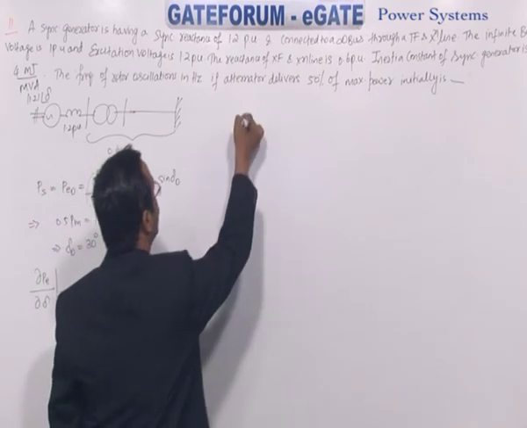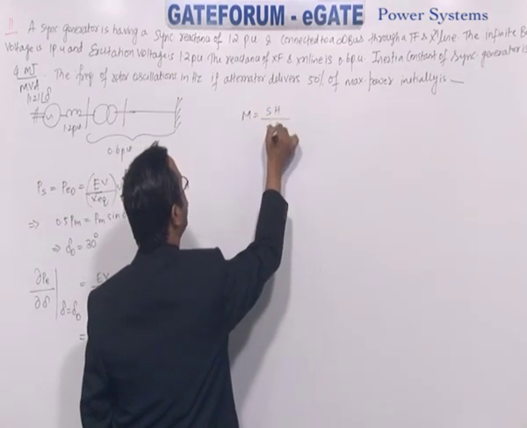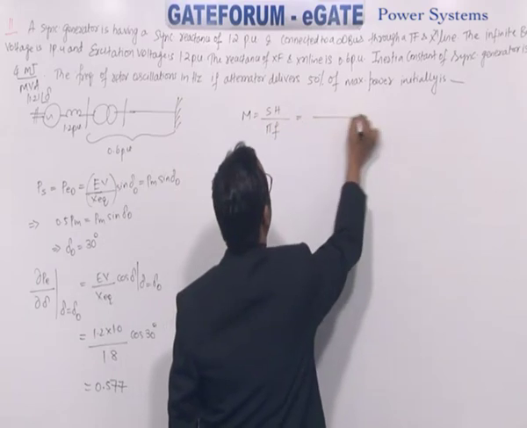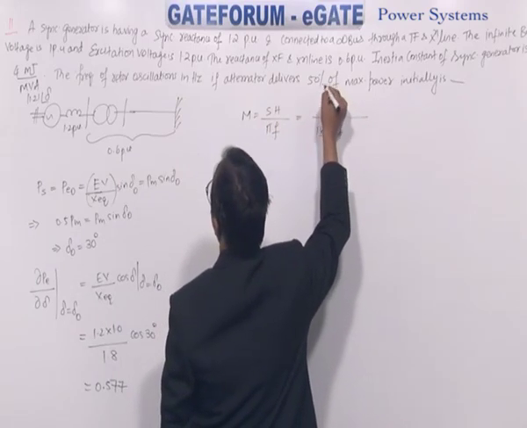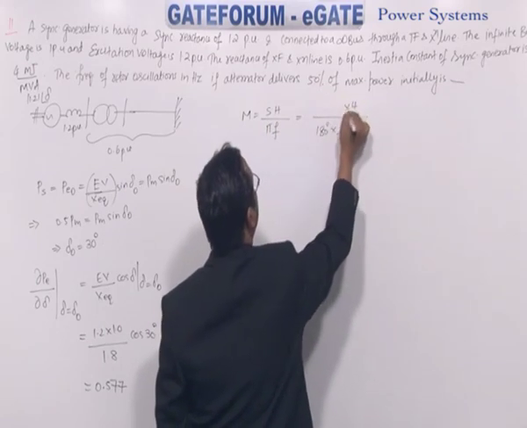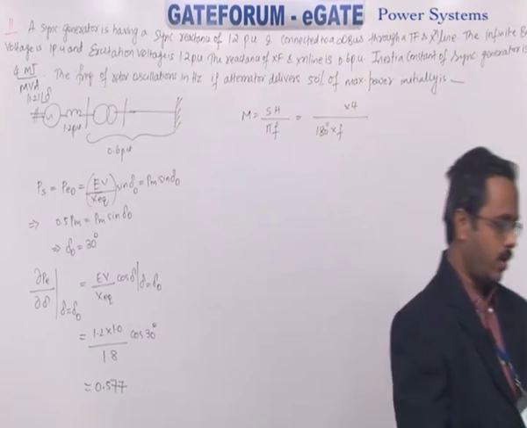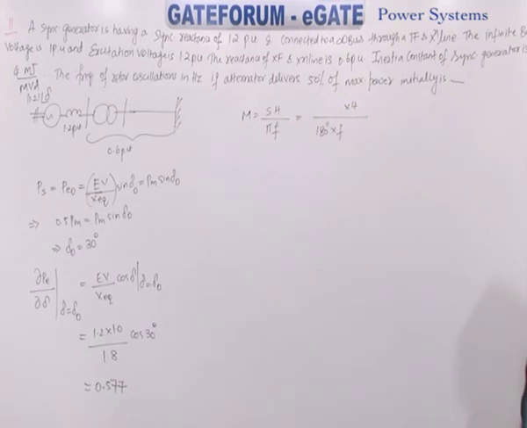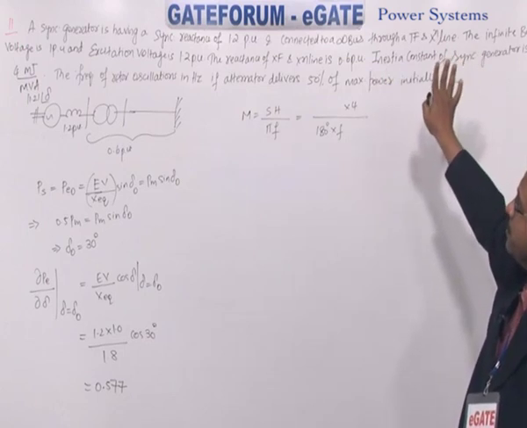Next to calculate what is M. You know the formula SH by pi F. Now what is H given? 4. Now an important step: what is the value of S? Are you given any MVA rating in the question? Not given.